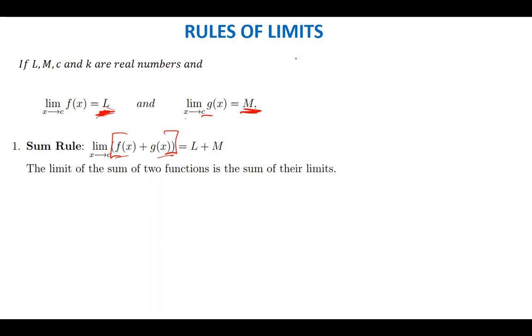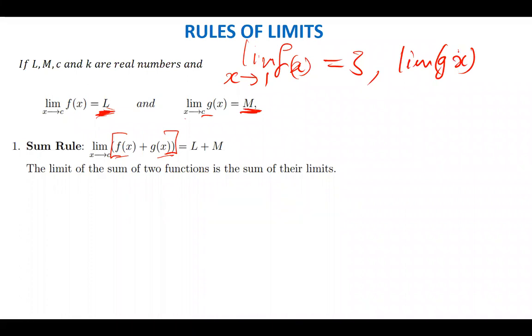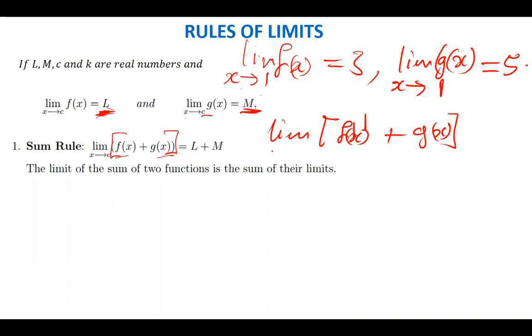So what do they mean? For instance, if the limit of f of x when x is approaching 1 is 3, and then you also have the limit of g of x when x is approaching again 1, and the answer is 5 for this one, and they ask you to find the limit of f of x plus g of x when x is approaching a common number 1, the answer is just the same as adding 3 and 5 there.